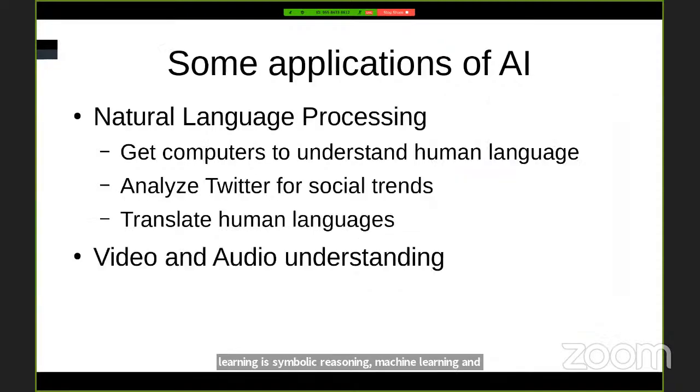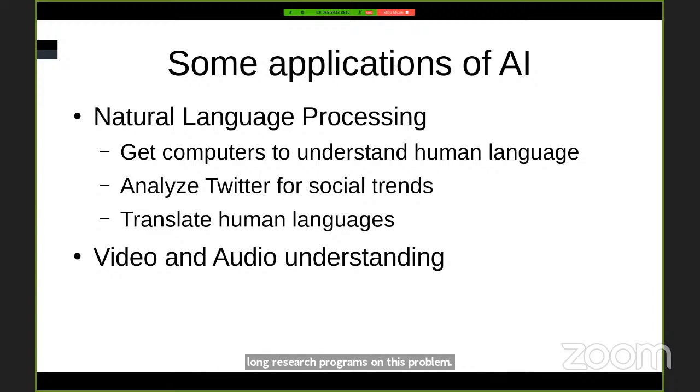In the department, we study a number of applications of AI. The department is extremely strong in a field called natural language processing, which is about getting computers to understand human language. Okay, so something like Siri, for example. We have had decades-long research programs on this problem.